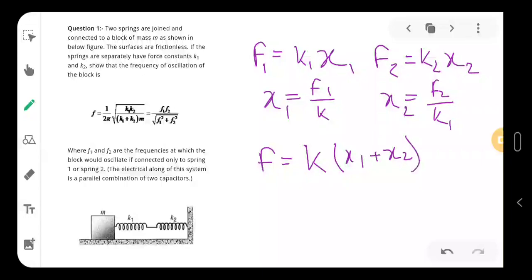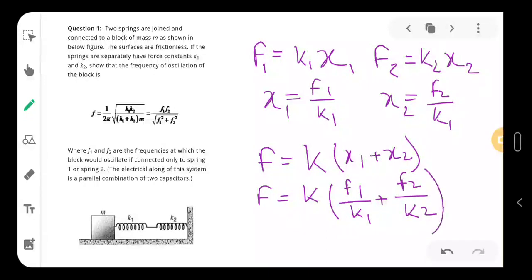So instead of x1 and x2, I can just put the values here directly. Okay, so I can write f is equal to k, this I have to find out, f1 by k1 plus f2 by k2. I can write it like this. Okay, acha, this I have to come back to later on.